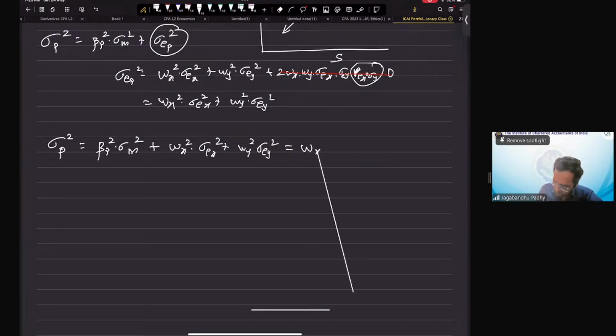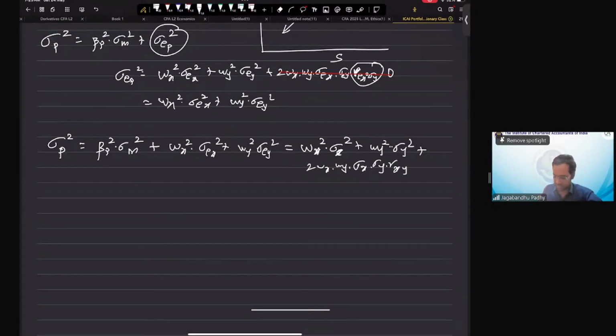the Markowitz formula. If you apply the Markowitz formula, this is weight of x square into standard deviation of x square plus weight of y square into standard deviation of y square plus 2 into weight of x, weight of y, standard deviation of x, standard deviation of y, correlation between x and y.